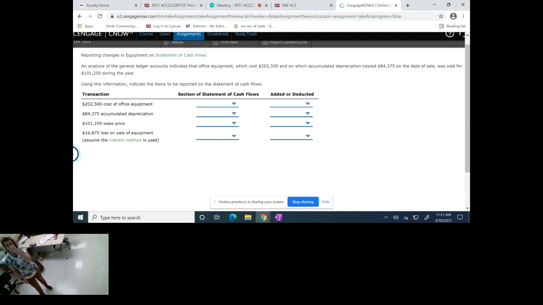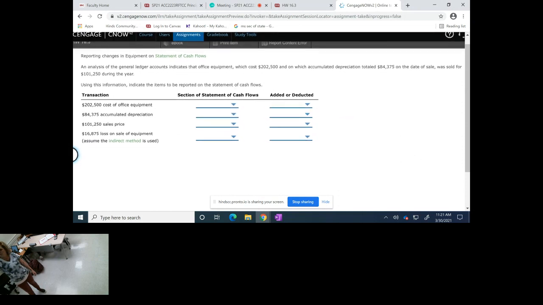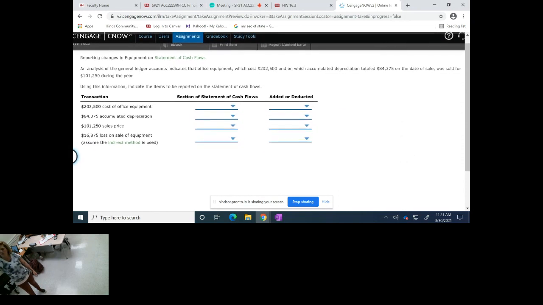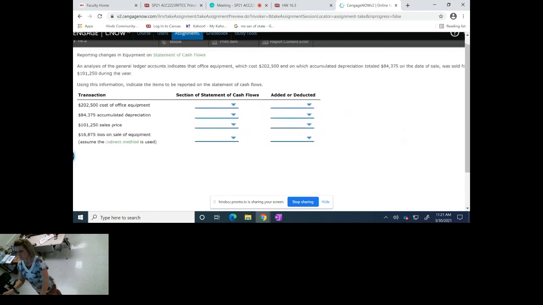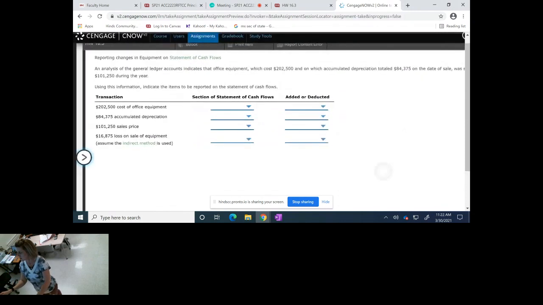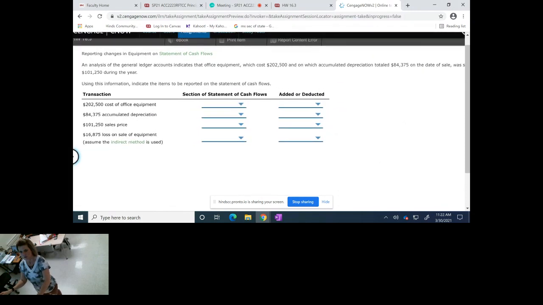It's not hard. All right, so this is looking at selling equipment. Can y'all read that? I made it bigger before, but I can only make it so big and keep everything on here.